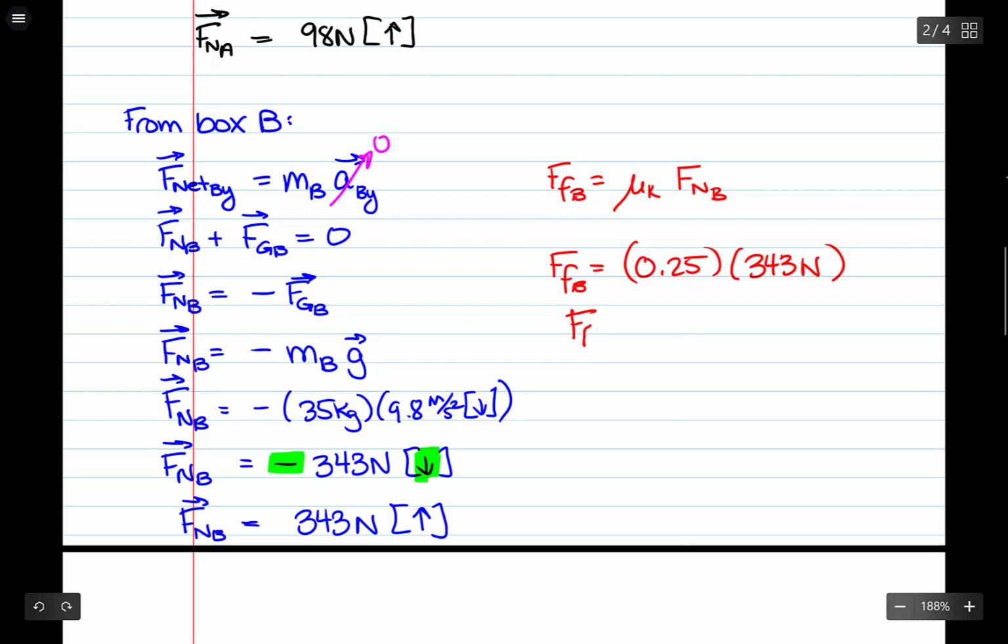That gives us the force of friction acting on box B of a value of 85.75 newtons. So we can put a direction with that. The force of friction on box B is going to be 85.75 newtons, and that acts towards the left.